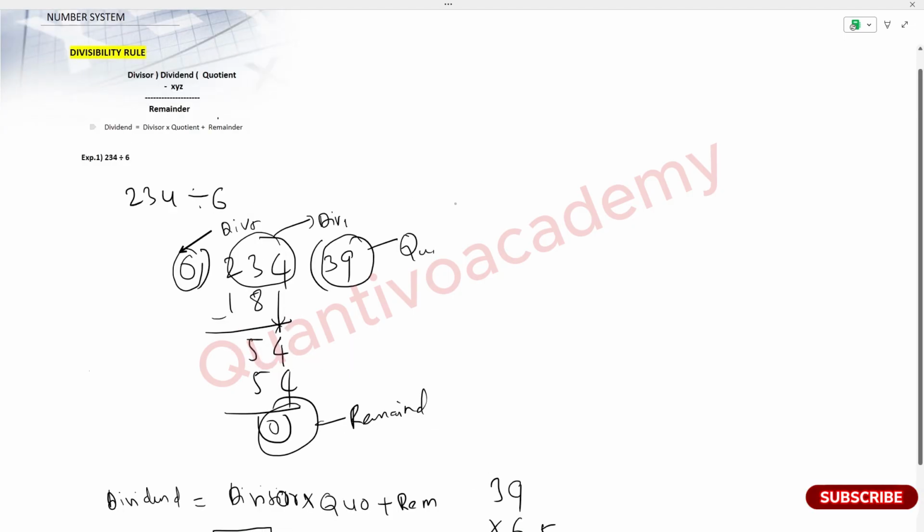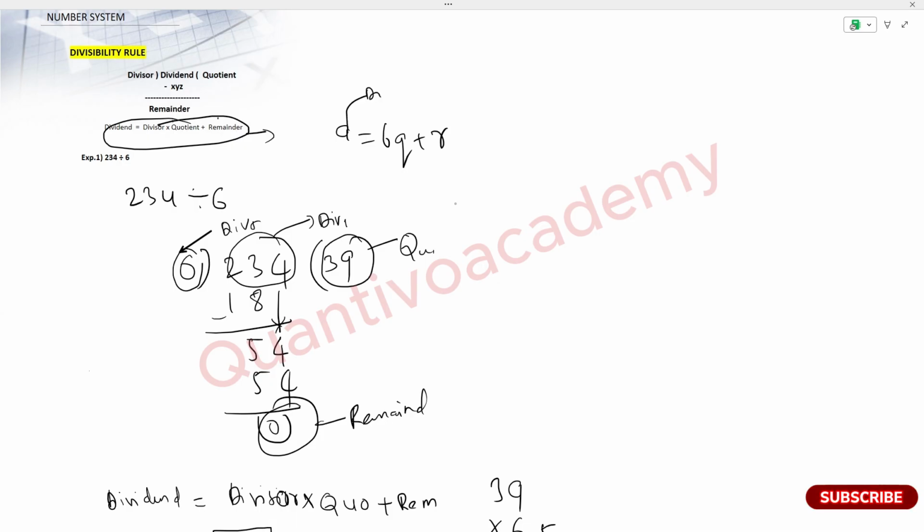In higher classes, we call this division algorithm the Euclidean algorithm, and we write it as A is equal to BQ plus R, where A stands for dividend, B stands for divisor, Q stands for quotient, and R stands for remainder.